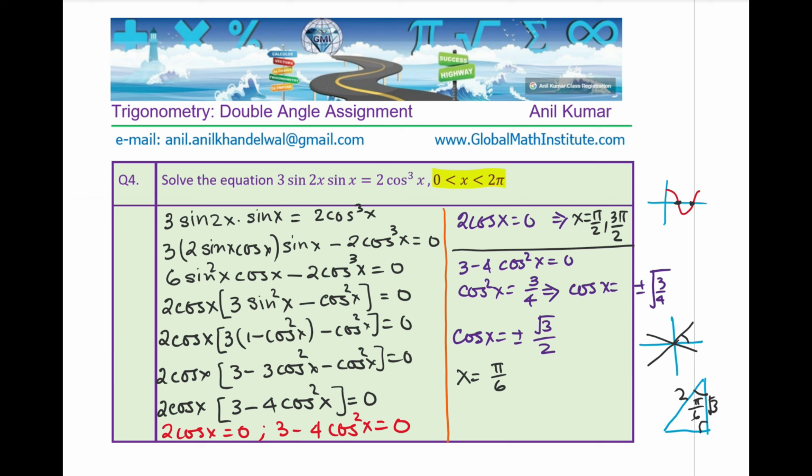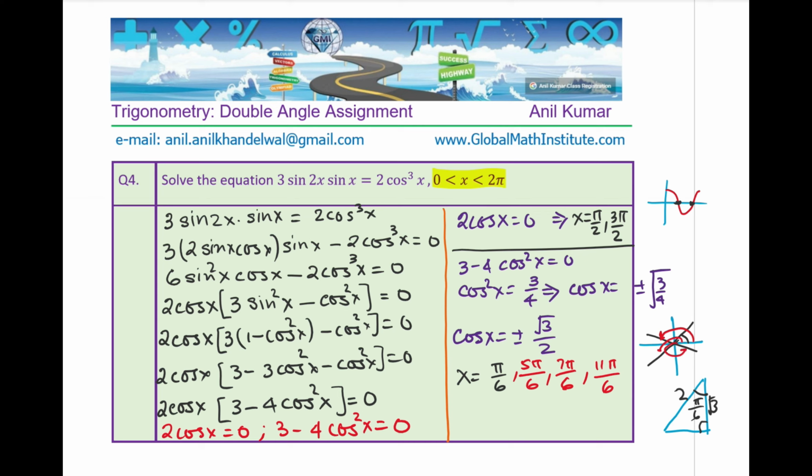One answer, right? That's the acute angle. And then we have 5 pi by 6, 7 pi by 6, and 11 pi by 6. Clear? So those are the other solutions.